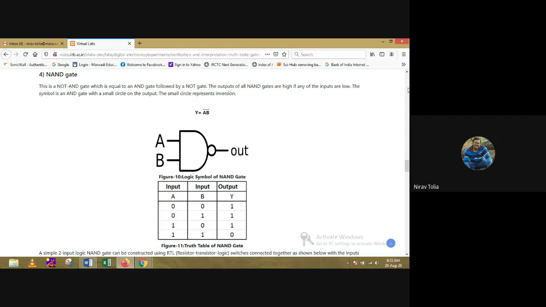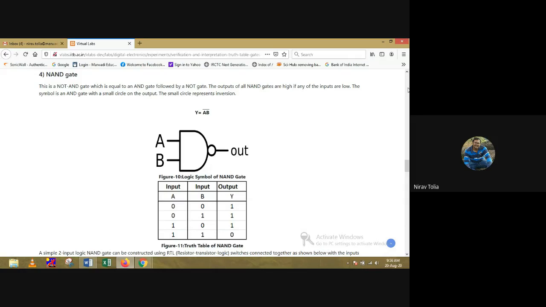For the AND gate, when both the inputs are 1, then the output will be 1. But for the NAND gate, it is reversed. When both the inputs are high, or both are 1, then the output of the NAND gate is 0. All the other possibilities give the output 1. So my output is 0 0 1, 0 1 also 1, 1 0 also 1, and 1 1 0.